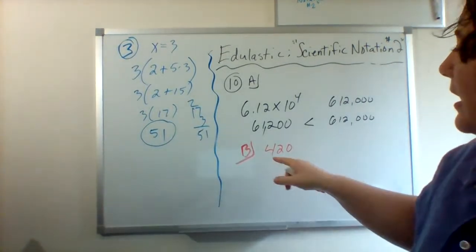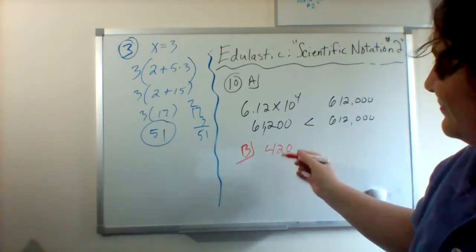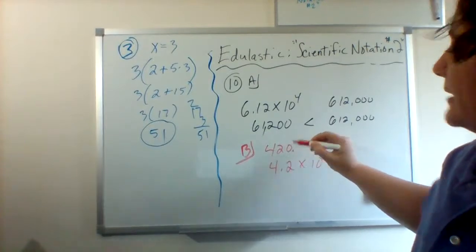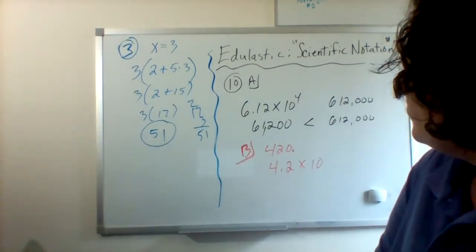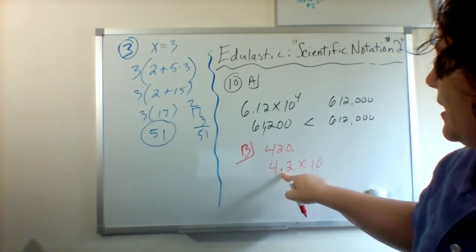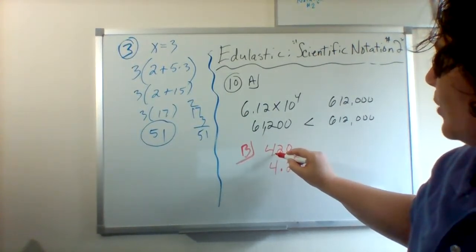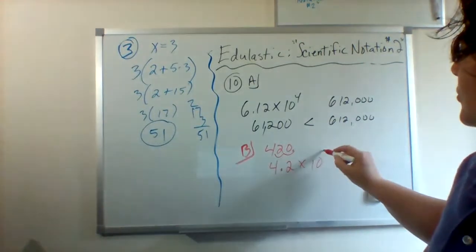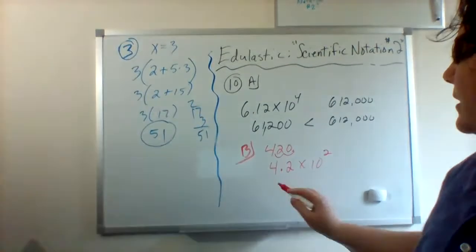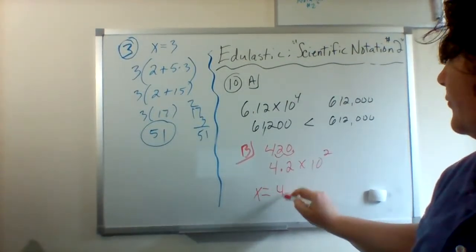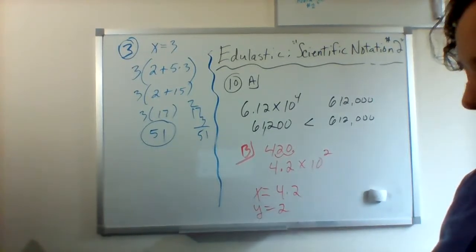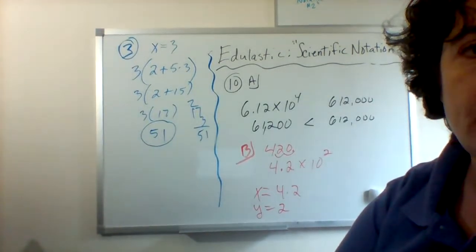Okay, so right now the decimal point is right there. So I want it here, and if I do put it here, how many times do I have to move and what direction? 1, 2. I had to move 2 to the right, so it's positive. So what is the x? The x has to equal 4.2. What does the y have to equal? The y is the exponent, has to equal 2. That's it. It's just a formatting thing.